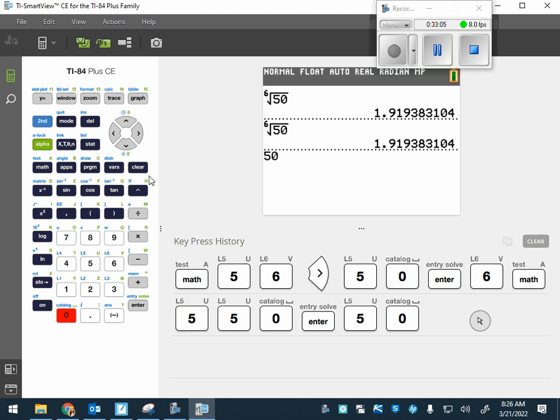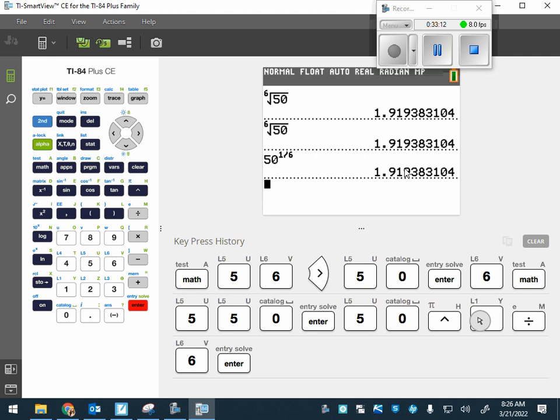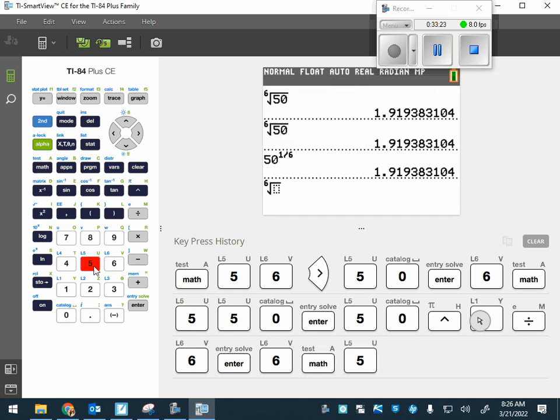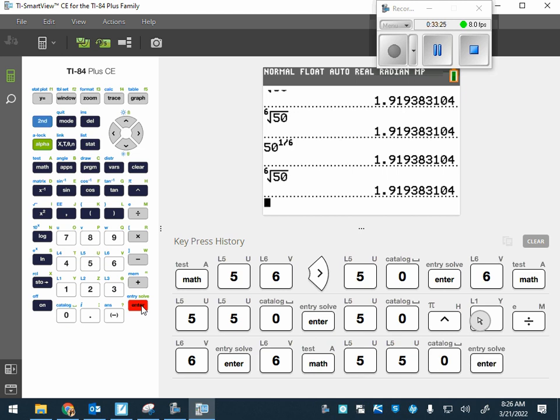So 50, the little caret here, 1/6. And I get the same answer. Okay? All right. The second way is type in 6, math, number 5, type in 50, that way. Okay? So the same thing applies.